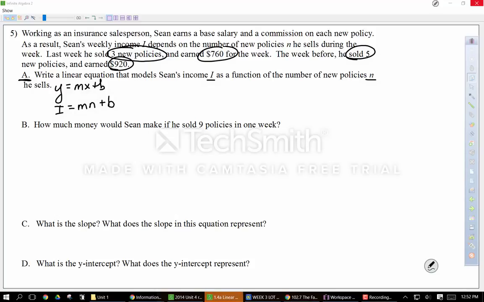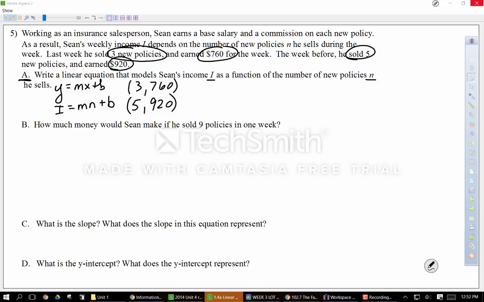So in the problem with the numerical values, n is 3 and I is 760 for that value. For the next value, it's 5 and 920. So now I have 2 ordered pairs.